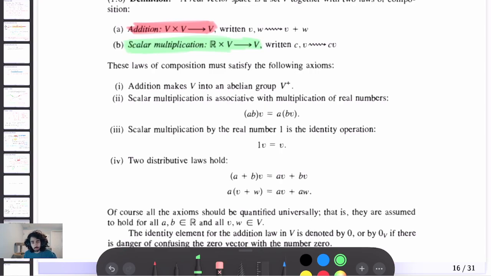And just like in the group setting, everything has to satisfy some axioms. Why are the arrows squiggly? I don't know. I really don't think this is standard notation, but it is notation that Artin likes a lot.